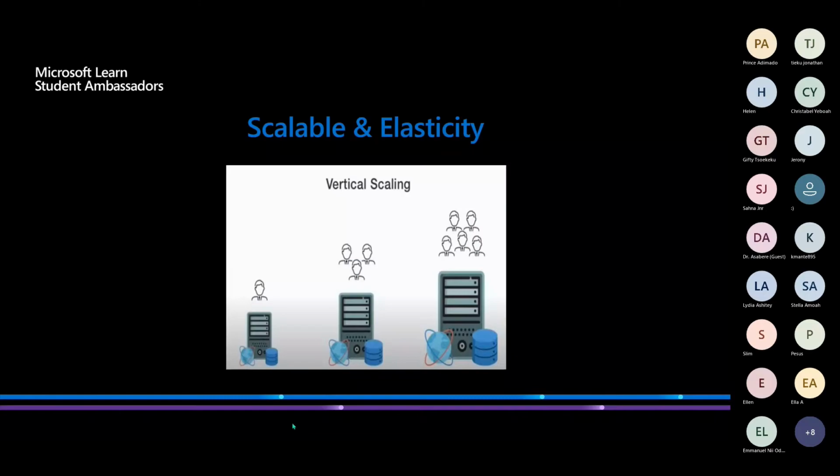Our next benefit is scalability and elasticity. In terms of scalability, you get to increase or decrease resources and services based on demand. What do we mean by this? Right, looking at our image here, we see there's just one user here. So the resource available to this one user in terms of size compared to the other ones, this is small, right?